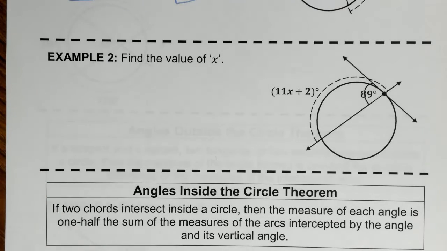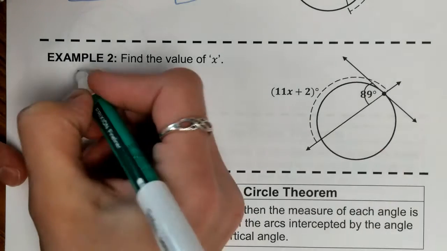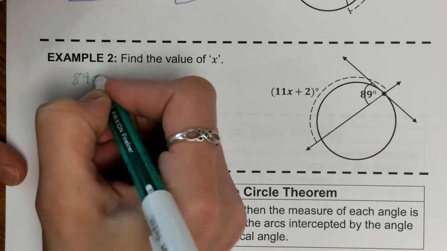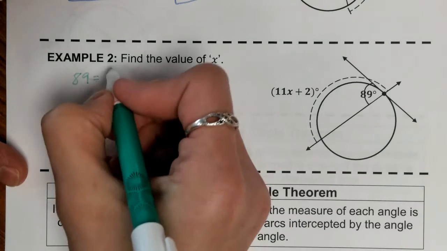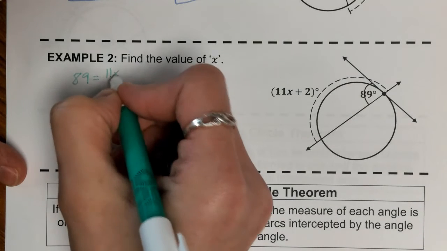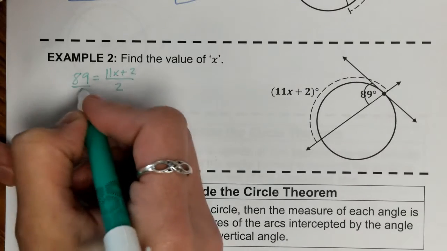So the easiest way we're going to do this is working backwards with our proportions. So when we take a look, we see that our angle measurement right here of 89 is going to go on the left-hand side, equal to the arc divided by 2. So the arc is 11x plus 2 all over 2. Set up our proportion.